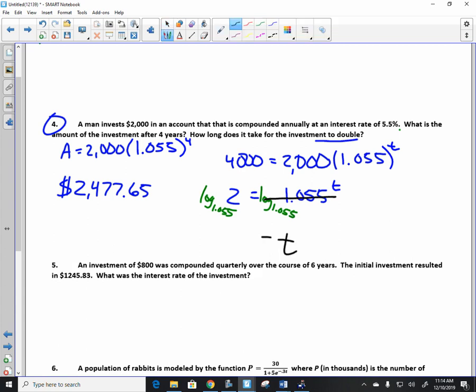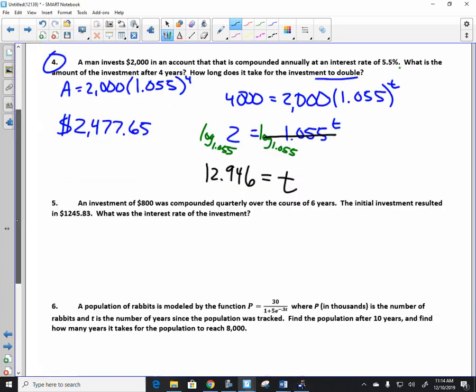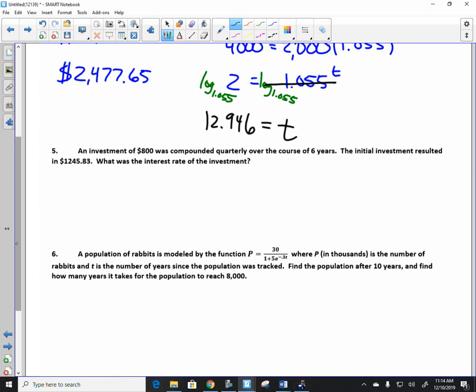I'm left with t is equal to, and on the left-hand side, I do log of 2 divided by log 1.055. Log of 2 divided by log of 1.055, and I get a grand total of 12.946. Not too bad.